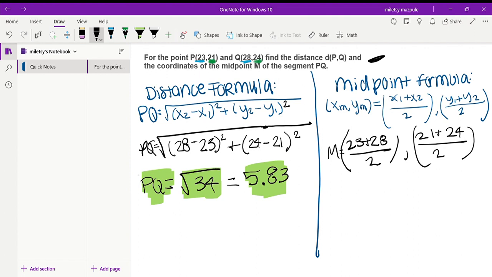So 23 plus 28 is 51, and 51 divided by 2 is 25.5.